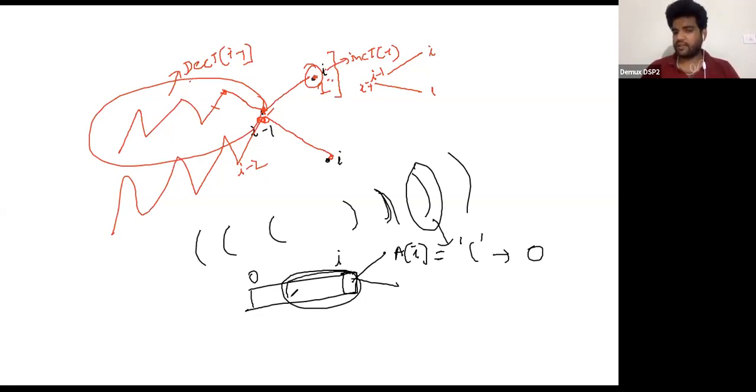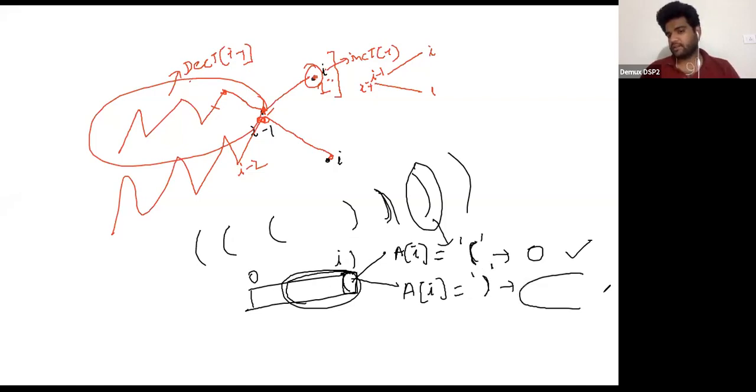Because any parenthesis expression that you take ending at I will not be valid because you have an opening parenthesis, right? You understand this case? What is the other case? The other case is what you have to figure out as homework. If A[i] is a closing parenthesis, then you need to write some expression here in terms of previous i's.